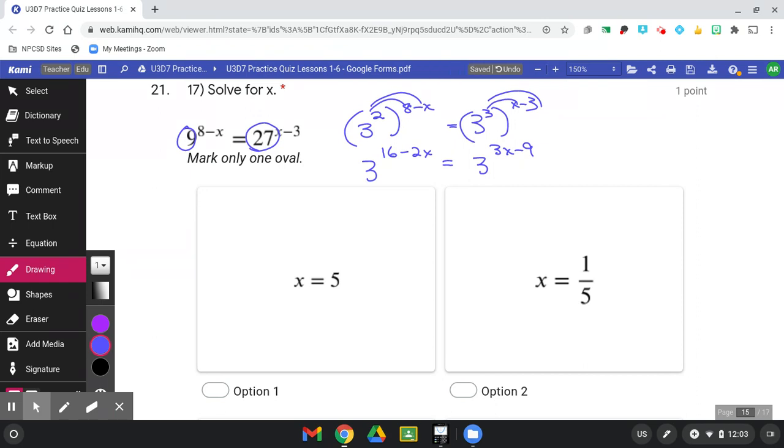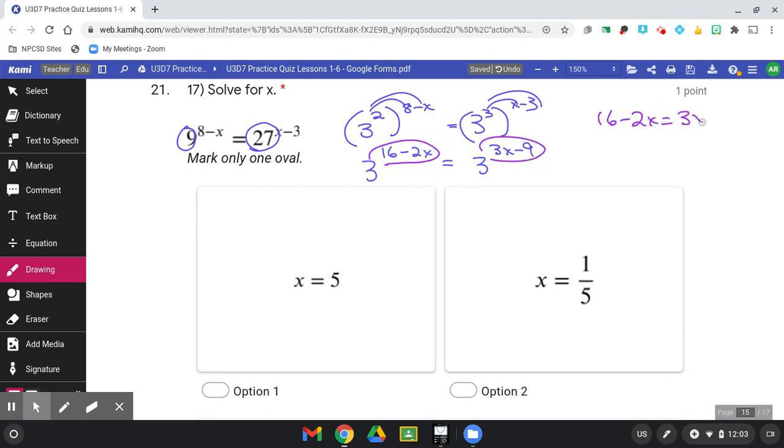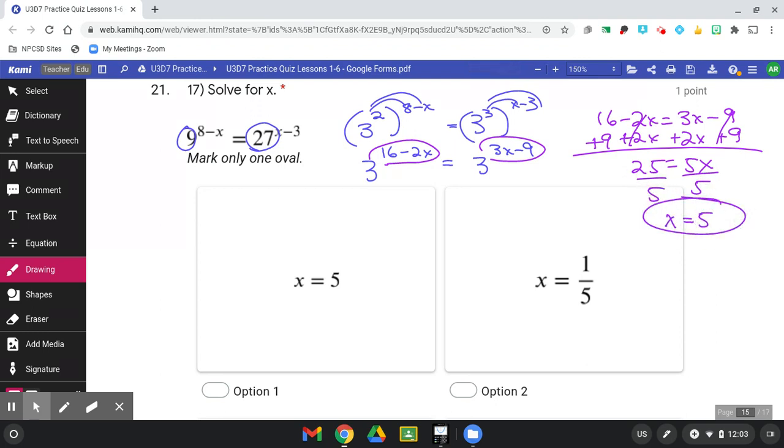Now they're common bases, so I can take those exponents and set them equal to each other. So 16 minus 2x equals 3x minus 9. Add 2x, add 9, and I get 25 equals 5x. Divide by 5, and I get x is equal to 5.